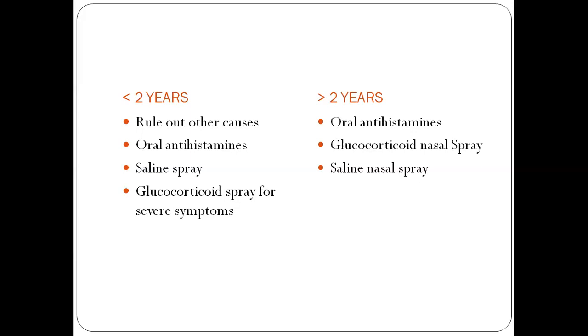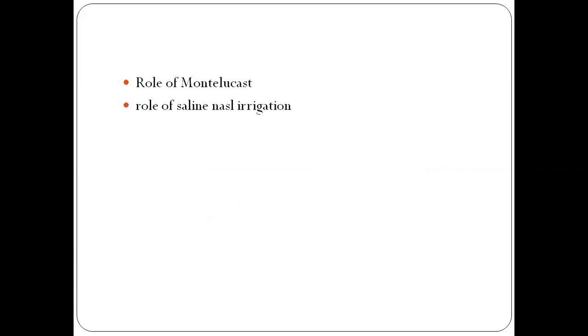So what is the dose of mometasone or fluticasone we'll give? Usually we'll say 1 spray in each nostril. So what is the role of montelukast in allergic rhinitis?